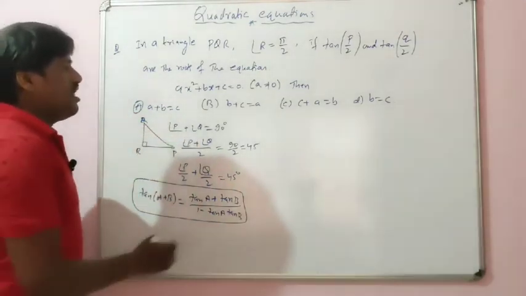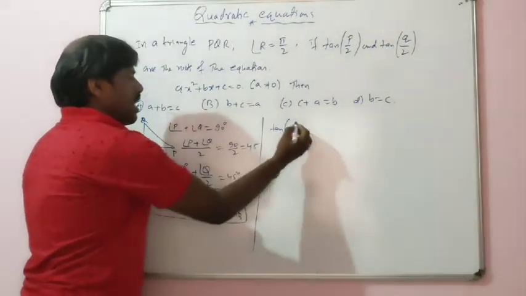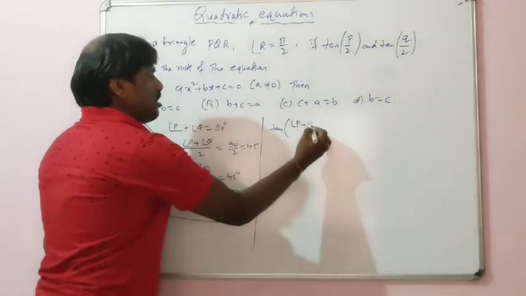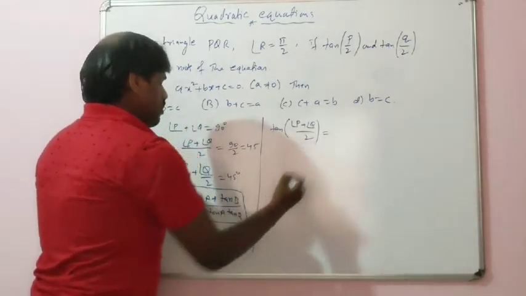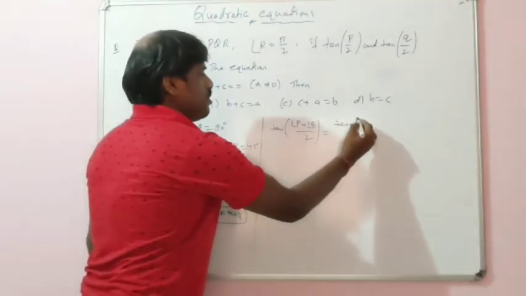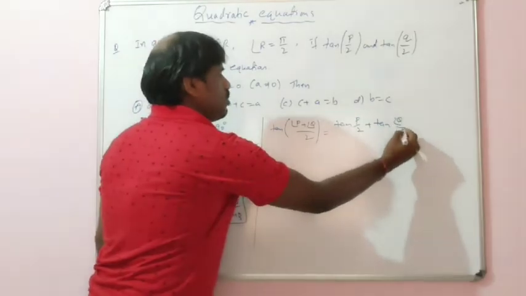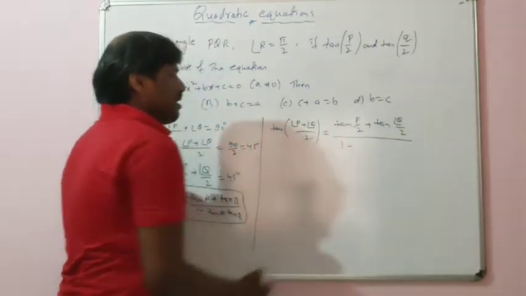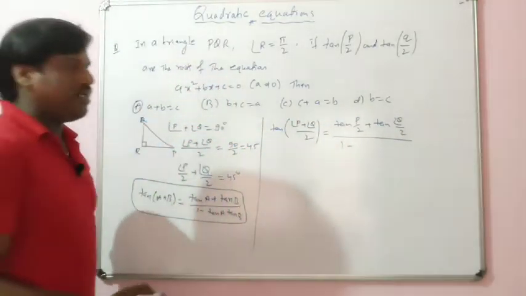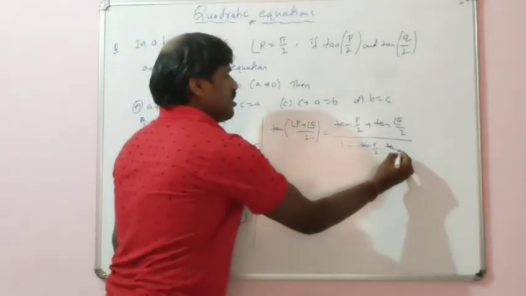If I take tan of (angle P plus angle Q) divided by 2, that is equal to tan P by 2 plus tan Q by 2 divided by 1 minus tan P by 2 into tan Q by 2.